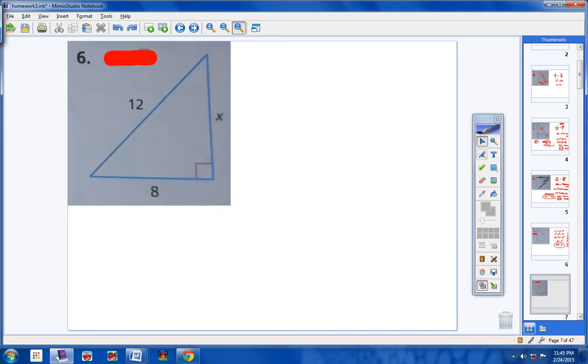Alright, now we have one leg, 8, plus my other leg equals my hypotenuse squared. So leg squared plus leg squared equals hypotenuse squared. 8 times 8 is 64. 12 times 12 is 144.